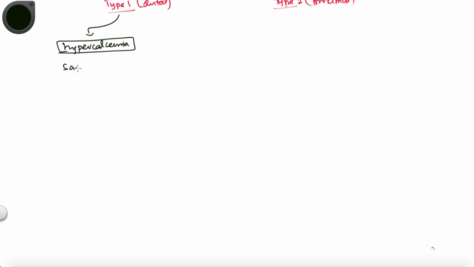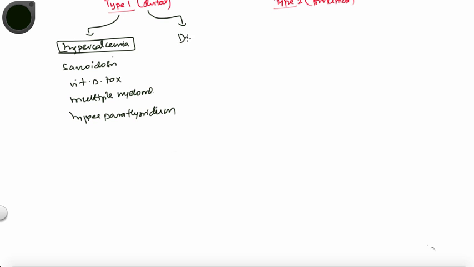For example, sarcoidosis, vitamin D toxicity, and multiple myeloma. All these conditions, like hyperparathyroidism, producing hypercalcemia can cause distal renal tubular acidosis, and certain drugs can also cause distal renal tubular acidosis.